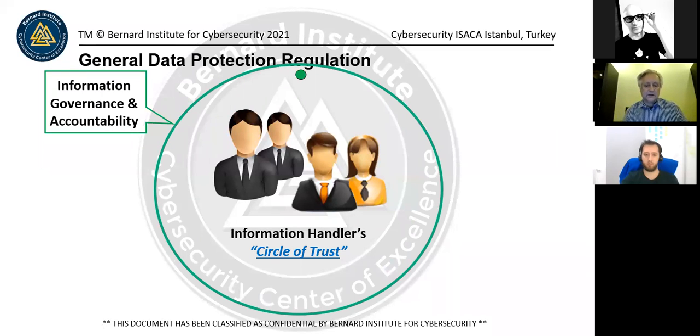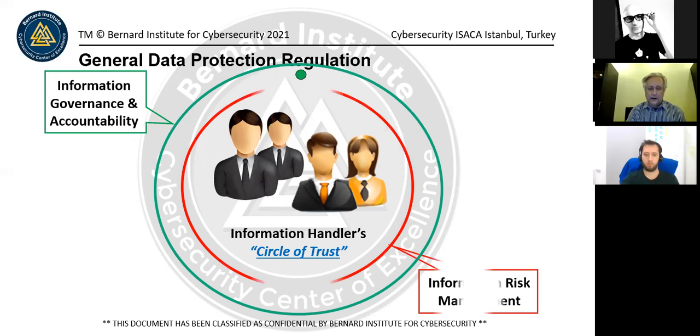I like to create this information handler's circle of trust because when I teach people about information handling, I try to go through all the different scenarios that could possibly happen where you make a decision about handling private information or any other type of information for that matter.